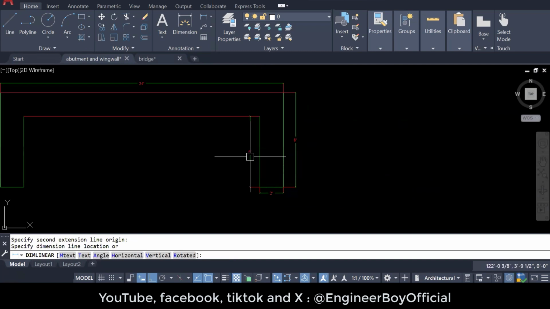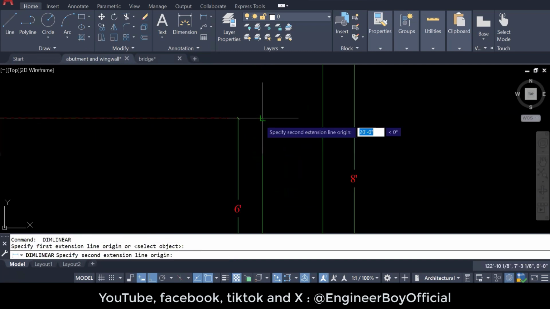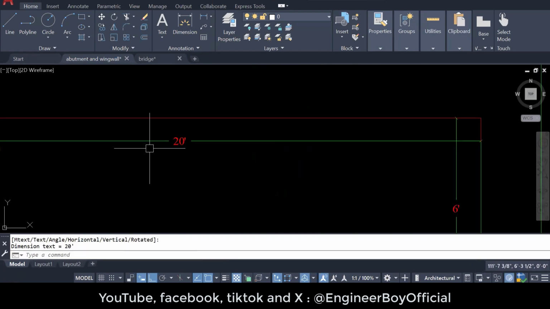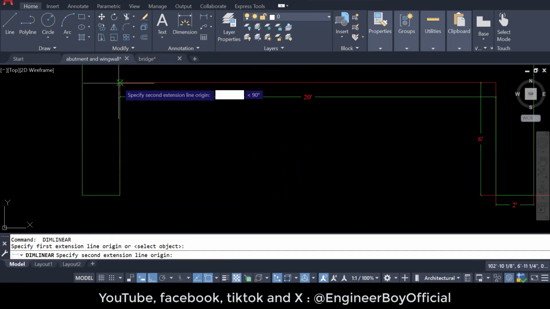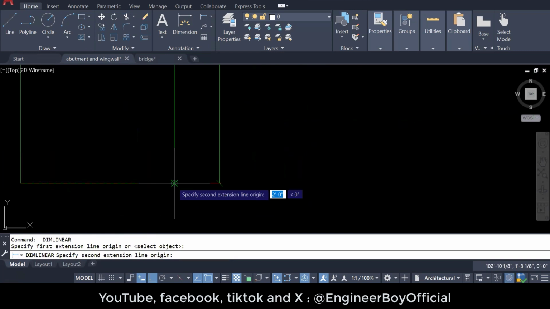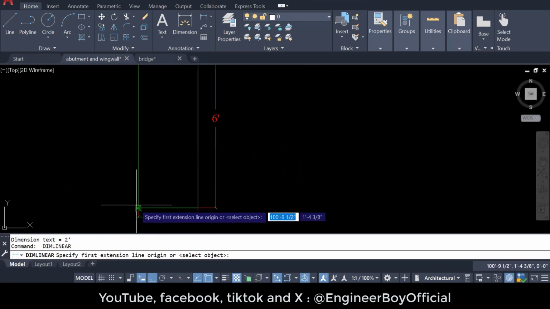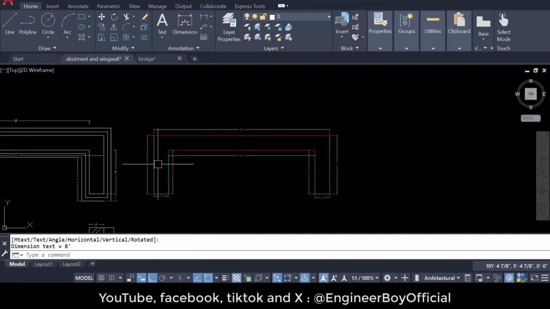So this is going to be 6, and over here this can be 20. I'm very sure it can be 20. Again this is 6, and this is going to be 2, and then we have 8, which is remaining. So this is the perimeter.